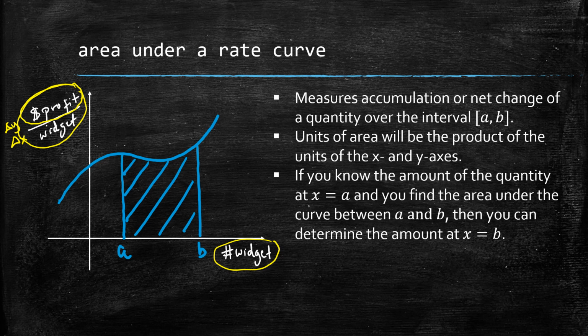If you know the amount of the quantity that you have at A, imagine you knew the dollars of profit when you produce A widgets, and then you add the area between A and B under that curve, which is the amount that you've accumulated, then you will be able to predict the dollars you will make in profit by producing B widgets. So it's a little preview of the fundamental theorem of calculus and the significance of being able to find the area under a rate curve.